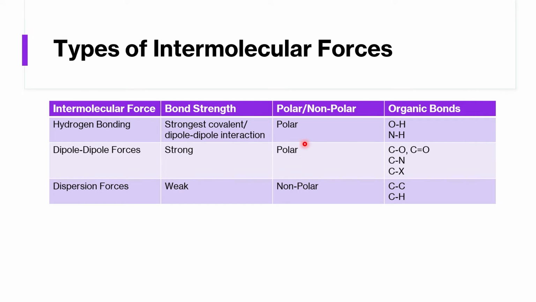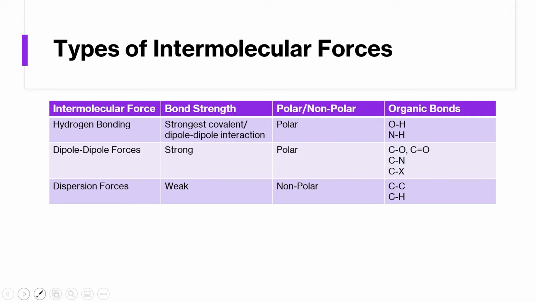They do lead to some polarity and some strong intermolecular forces. Some examples of dipole-dipole forces in organic substances: carbon-oxygen bonds, carbon-nitrogen bonds, and carbon-halide bonds as well. However, our skeleton, the carbon-carbon and carbon-hydrogen bonds, have relatively weak intermolecular forces and are considered to be non-polar.